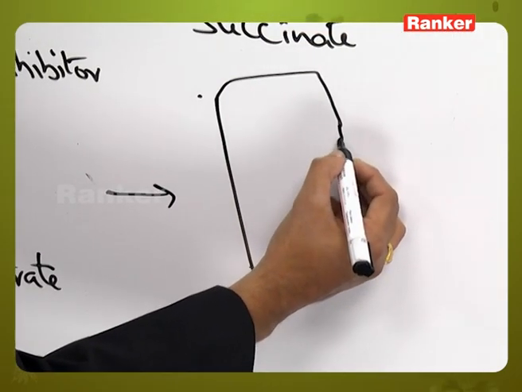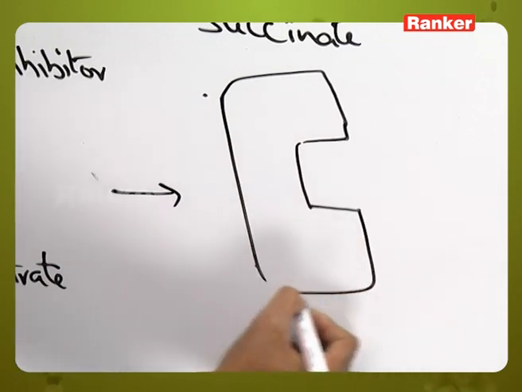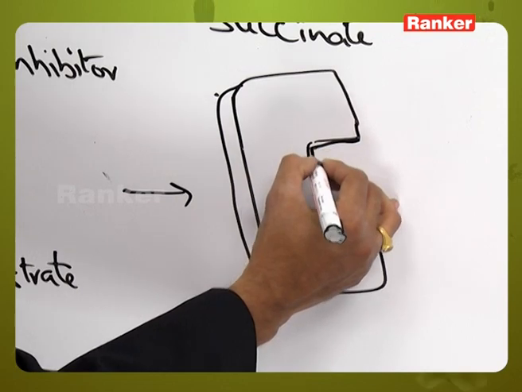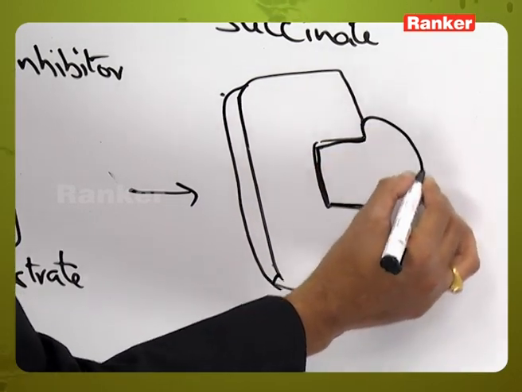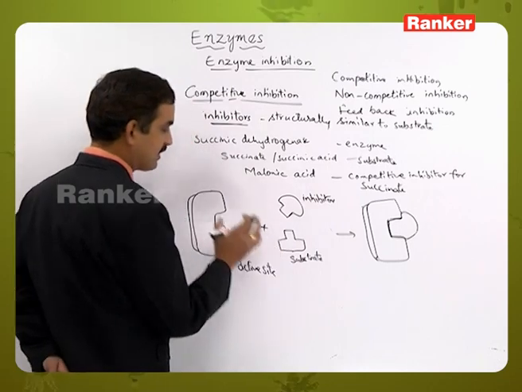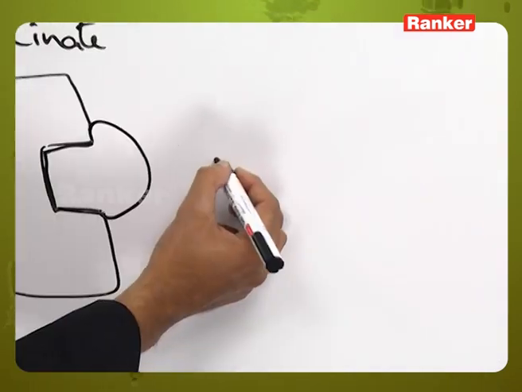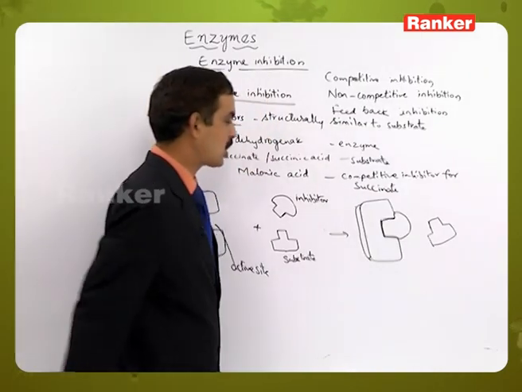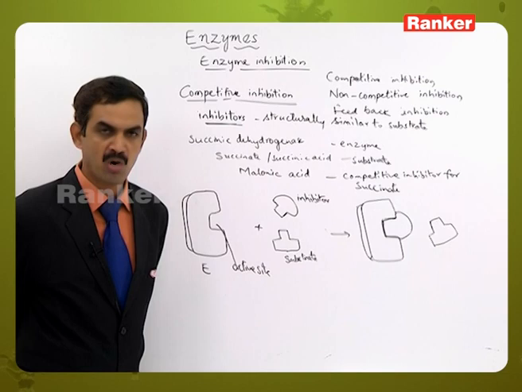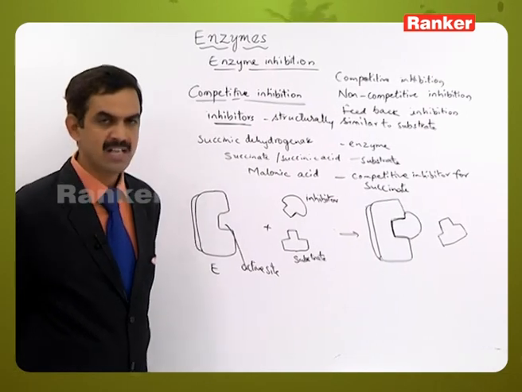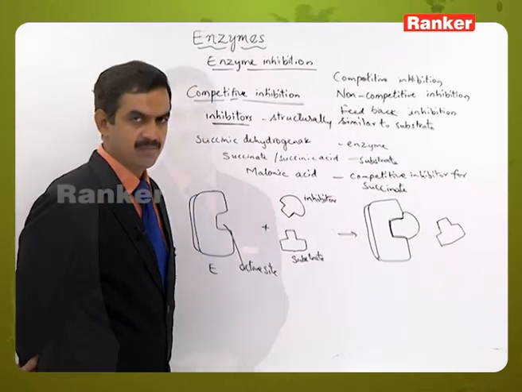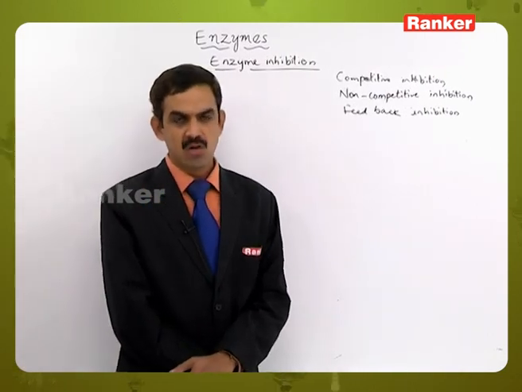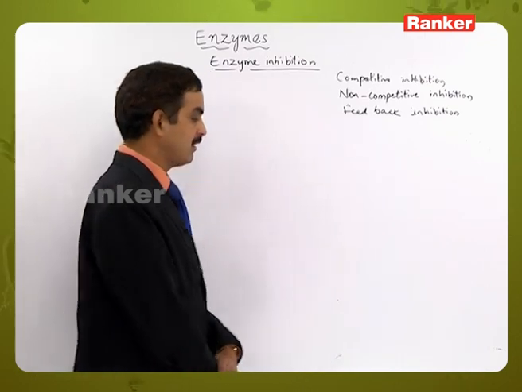Once this inhibitor occupies the active site on the enzyme molecule, the substrate will remain non-reactive. That means it cannot occupy the active site on the enzyme molecule. This type of inhibitors are called competitive inhibitors. Some of the competitive inhibitors are useful for treating cancer and also some bacterial pathogens.